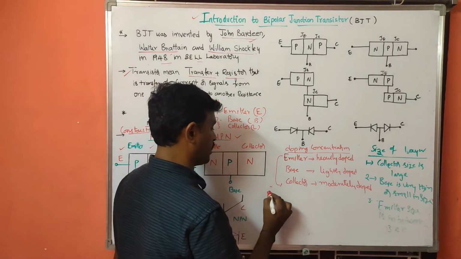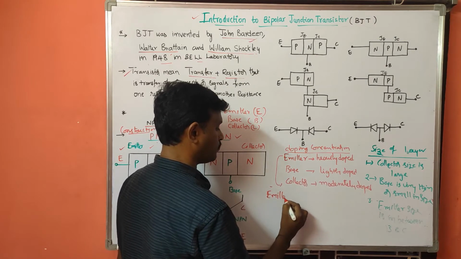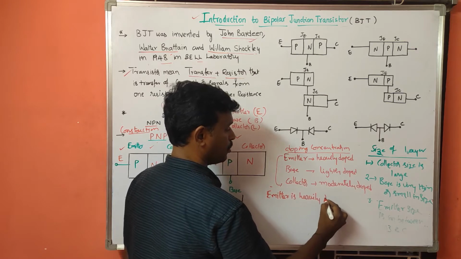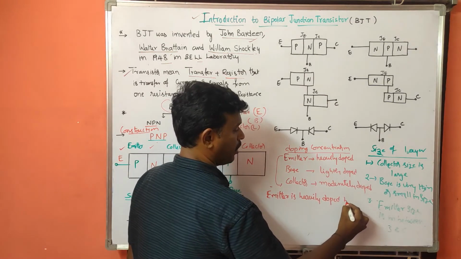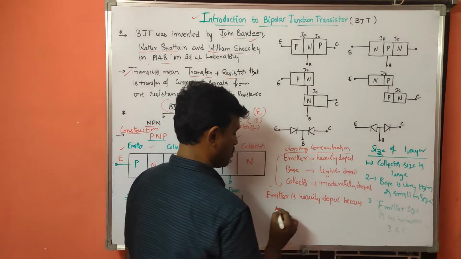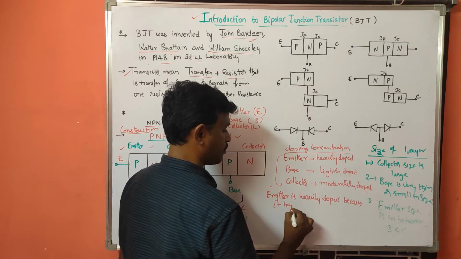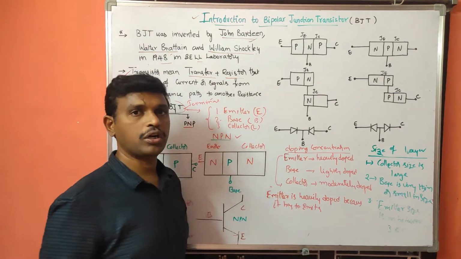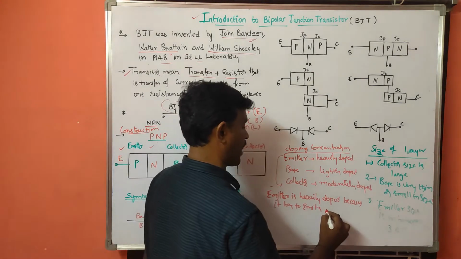So emitter is heavily doped because it has to emit more number of carriers.